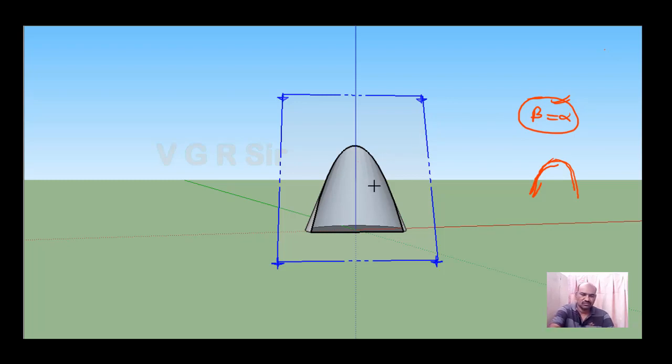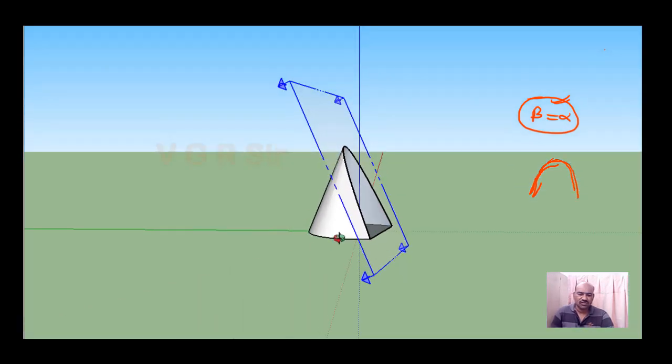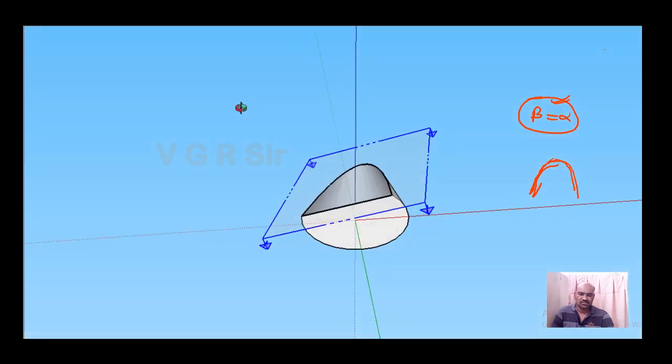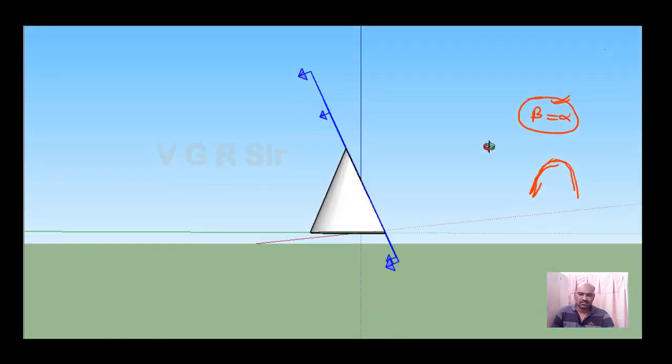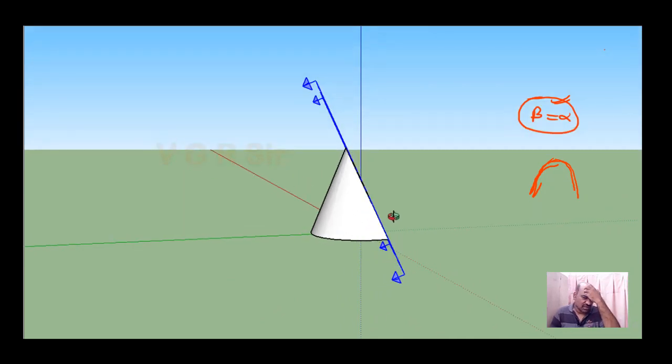Observe students. So this is 3D space, the cross section of a cone with the condition alpha equal to beta. It generates a parabola. See here, the angle is beta.